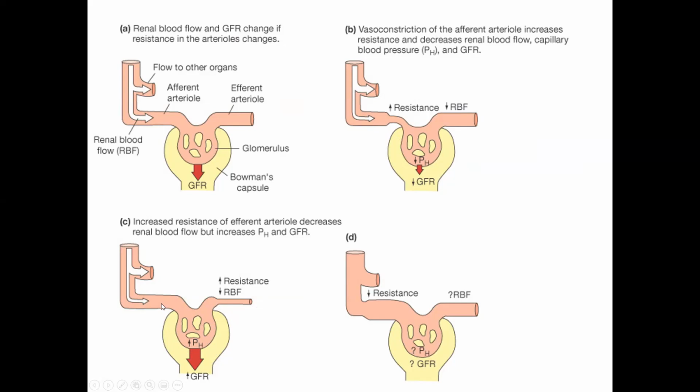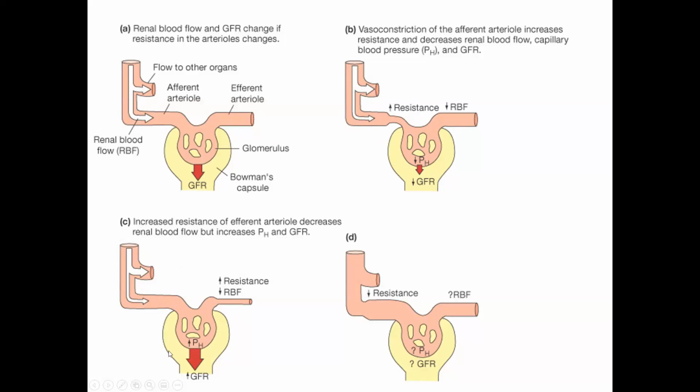So you would do C if you wanted to increase or maintain GFR under low blood pressures, that is when you're sleeping. And you'd want to do this under really high blood pressure, let's say during exercise. So if your overall blood pressure shot up, you would do this, and that would maintain GFR nice and steady. If your blood pressure dropped, like during sleeping or rest, you would do this, which would maintain GFR.